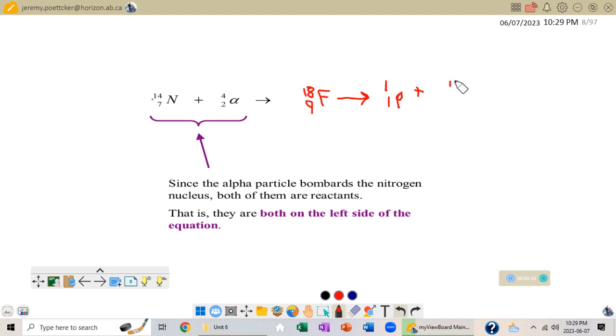So this is going to be a 17. Conservation of charge says there's 9 here, which means over here I have to have another 9. So 1 plus 8 would be 9. And voila, we have oxygen-17, because oxygen is the thing that has 8 protons.